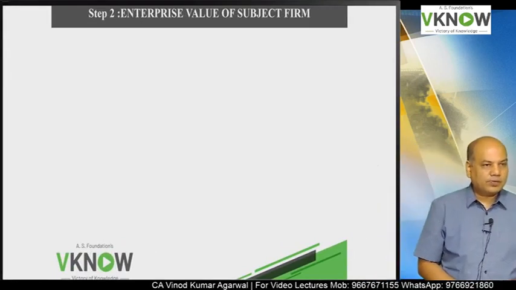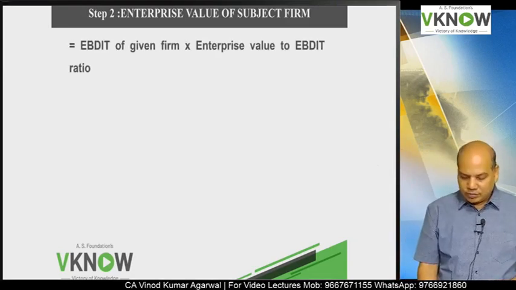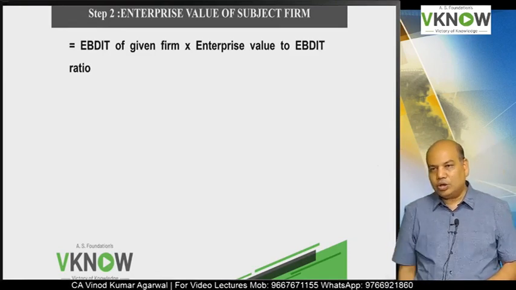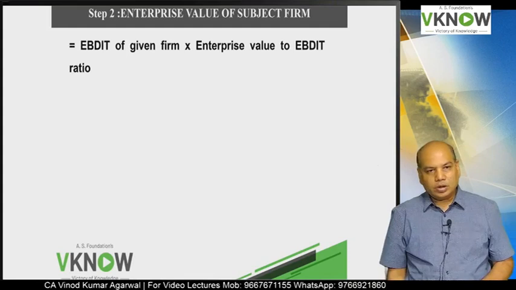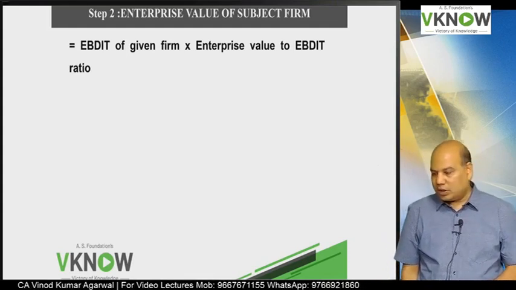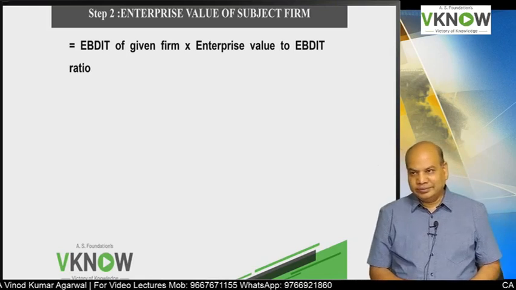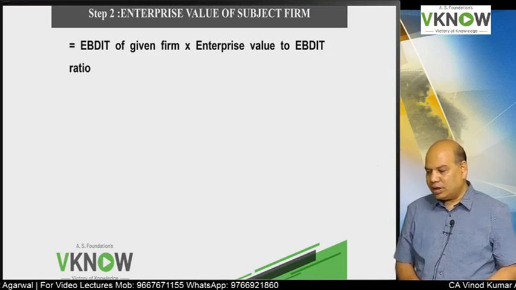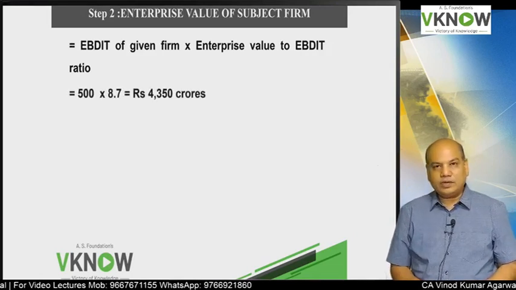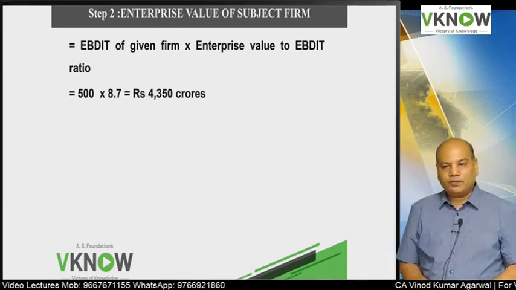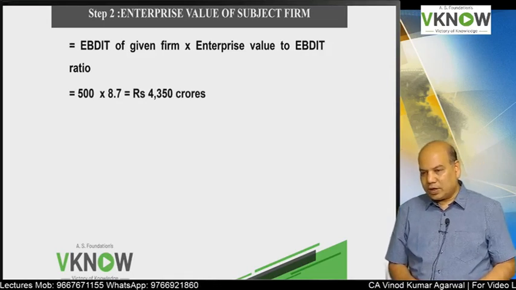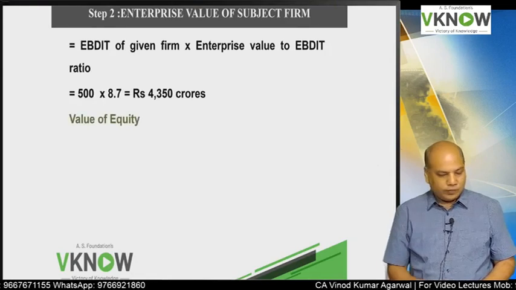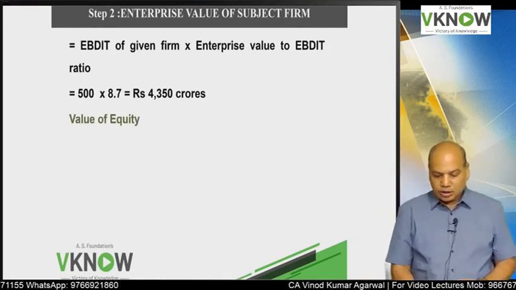So write down the formula: EBDIT of the given firm multiplied by the enterprise value to EBDIT ratio, and that is equal to 500 into 8.7, which is equal to 4350 crore.